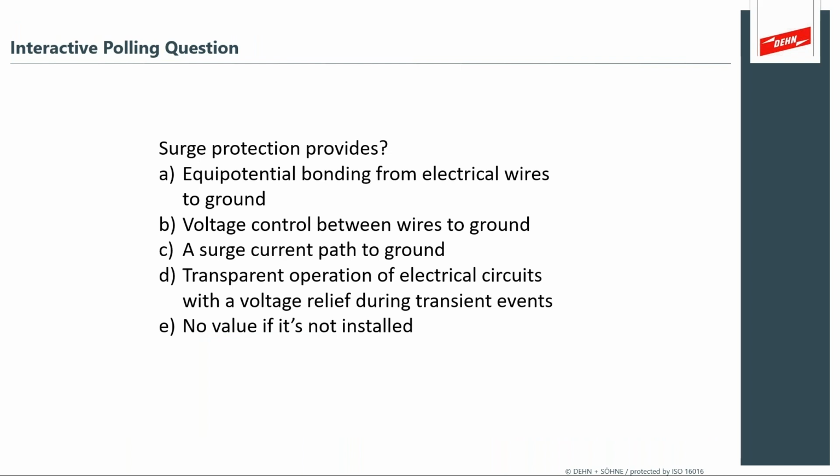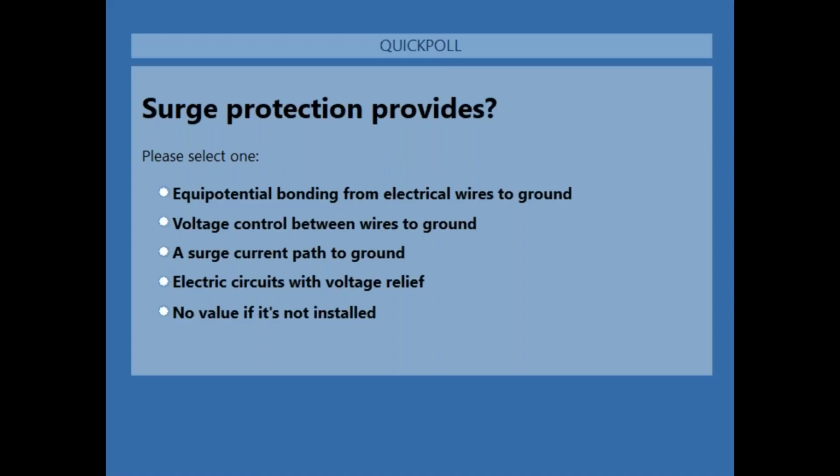Surge protection devices. Here we go. You guys are all ready. I know you were waiting for this next question. The poll is open. Surge protection provides. So we've got several answers, and again, we'd like to understand what the audience feels is the best fit. Equipotential bonding. Surge protection provides a voltage control.